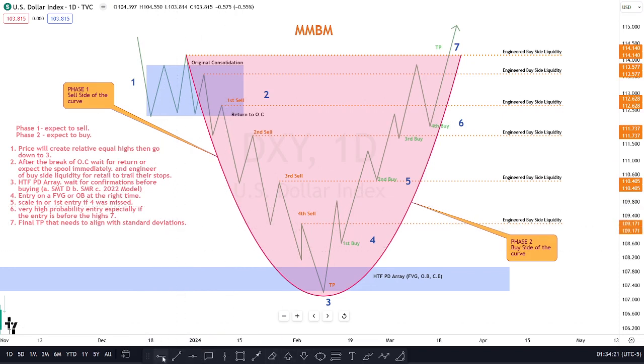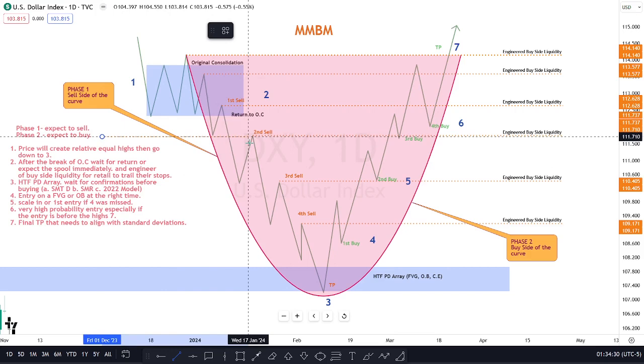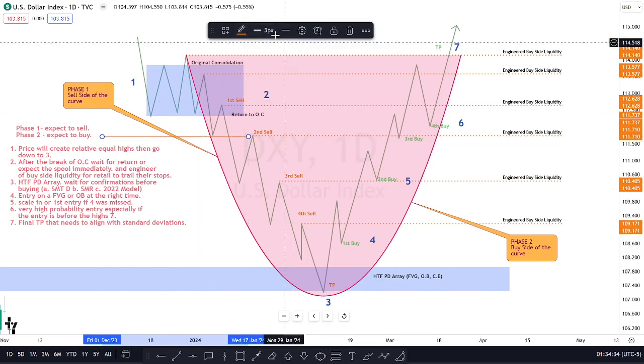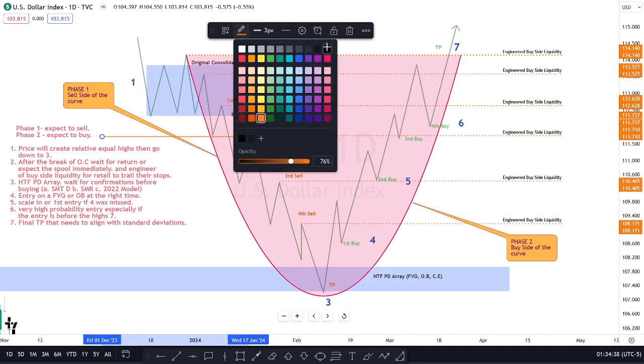Let's just, maybe for explanation purposes, let's say you had, let's change this to black.